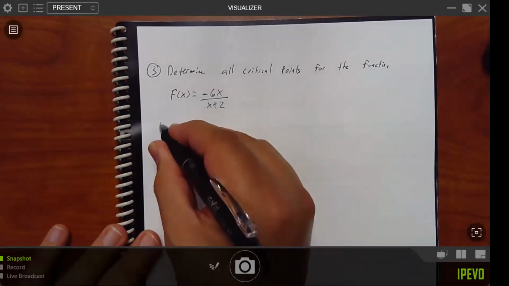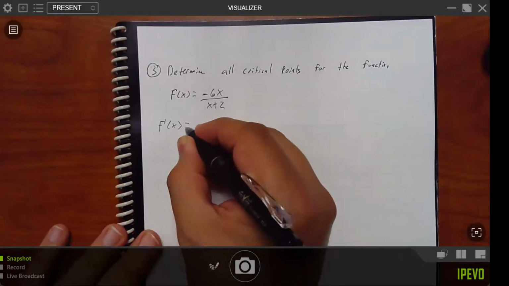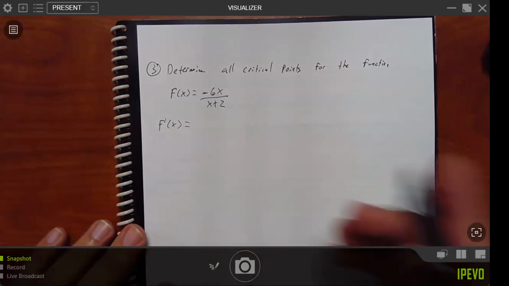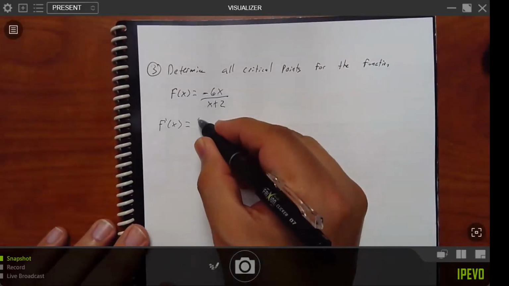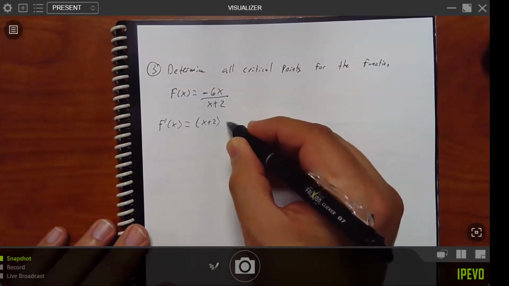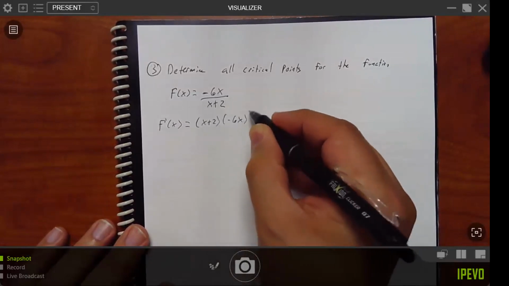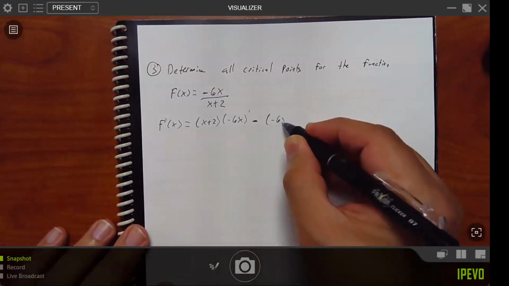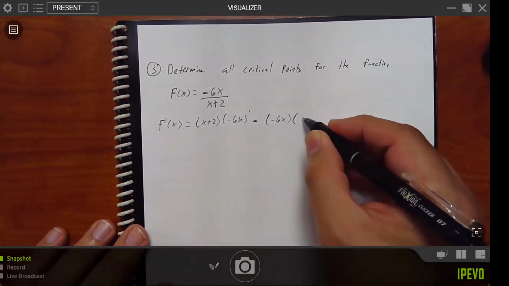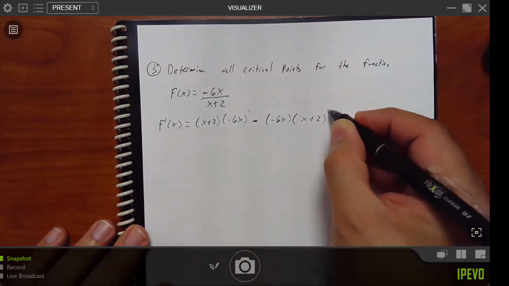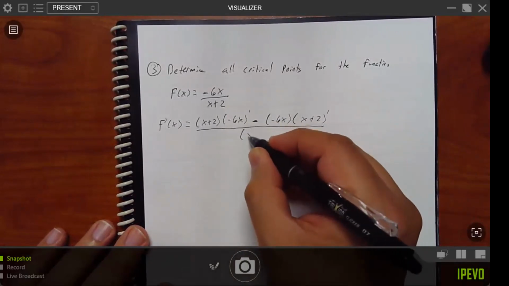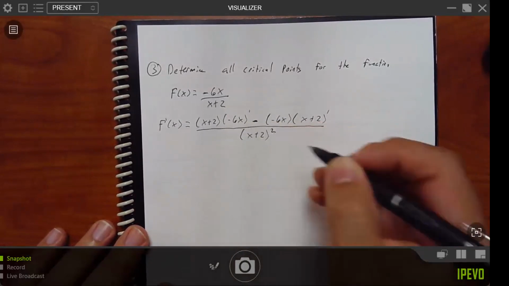So the derivative will be the bottom times the top derivative minus the top times the bottom derivative over the bottom squared.